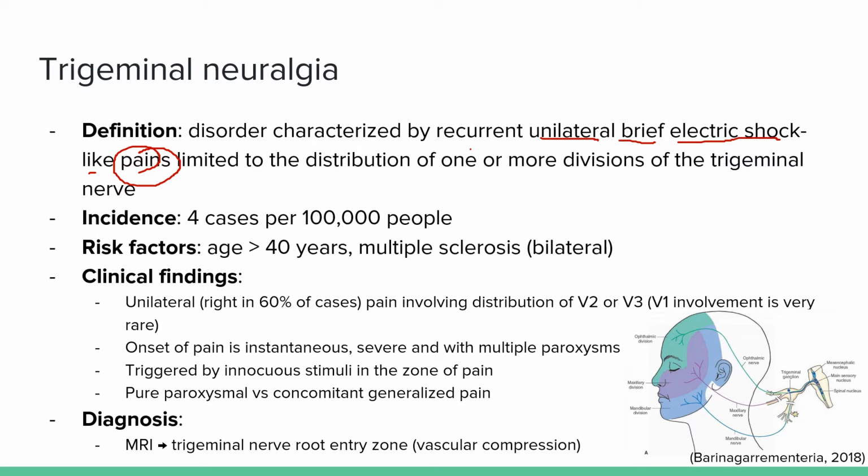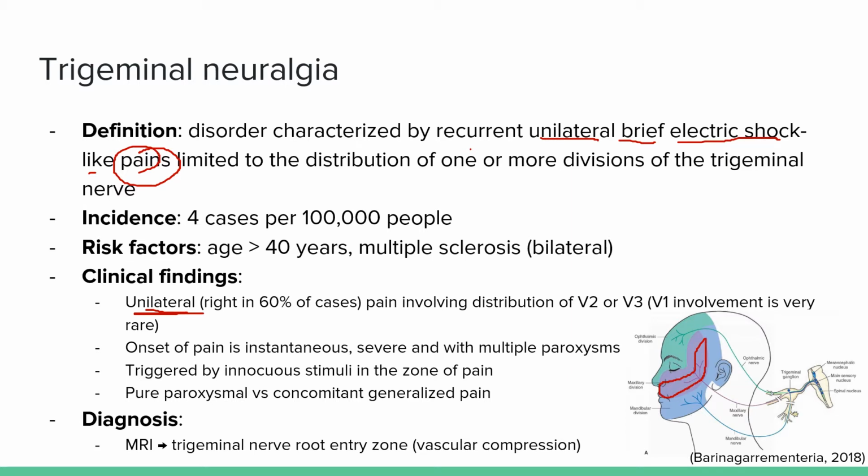The incidence is 4 cases per 100,000 people, and the risk factors are age higher than 40 years and multiple sclerosis, usually bilateral. Some of the clinical findings we can expect: it is unilateral, right in 60% of cases, with pain involving the distribution of the second and third branch of the trigeminal nerve, this right here.